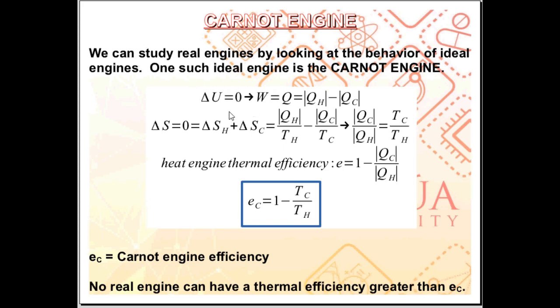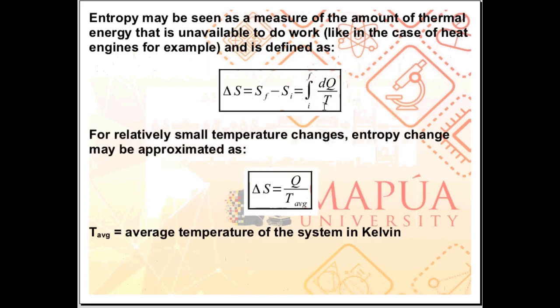So delta U is 0, which means W is equal to Q. And Q is just equal to QH plus QC, or absolute value of QH minus absolute value of QC. Delta S is Q over T for small temperature changes, so much so that we can say temperature can be considered as constant.